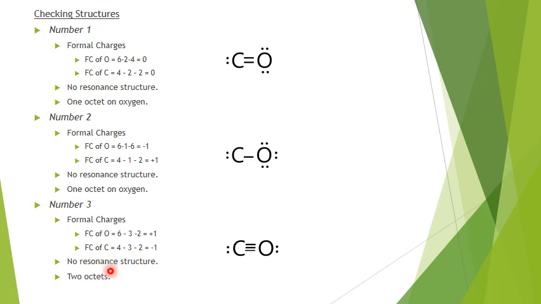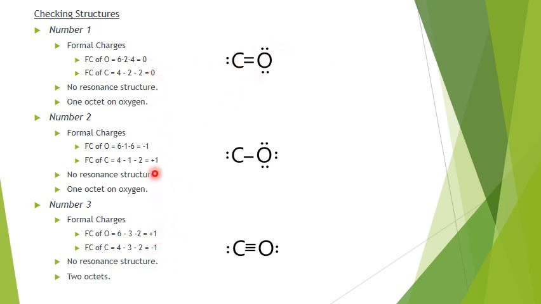It has no resonance structure and it has 2 octets. Okay, now this structure here is the best in terms of octet. So now let's look in terms of the formal charge. It seems to have the same kind of formal charge as these, 2 formal charges. So if you were to look at formal charge, it looks like this one would be the best.